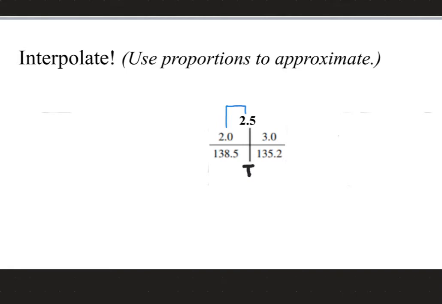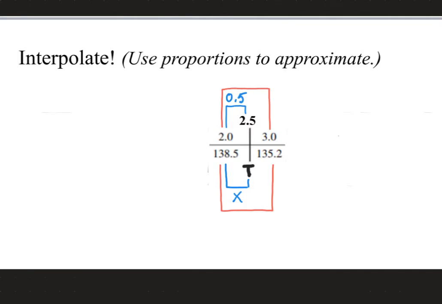In this case, the difference between the value lower than it and 2.5 is 0.5. But what is the difference between 138.5 degrees Celsius and the temperature for which we are looking? Let's assign the variable x to that value since we don't know yet.